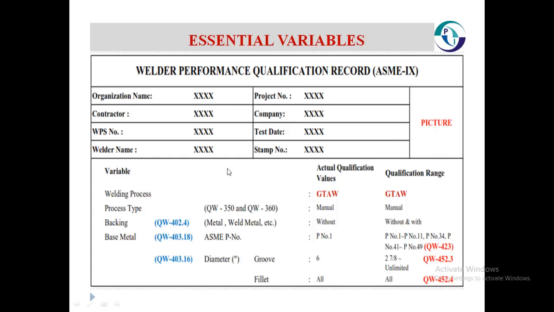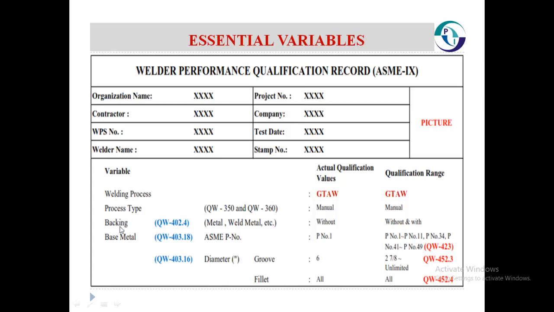Now we'll proceed to the essential variables for the welder performance qualification. For the welding process GTAW, if the welder is welding the GTAW process, he will qualify for the GTAW process only. If the welder uses the manual technique during the test coupon, then he will qualify for the manual technique only.